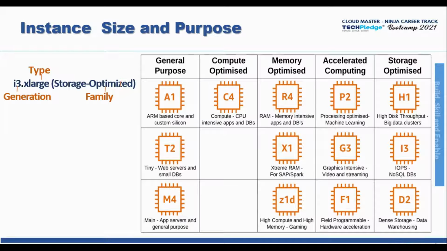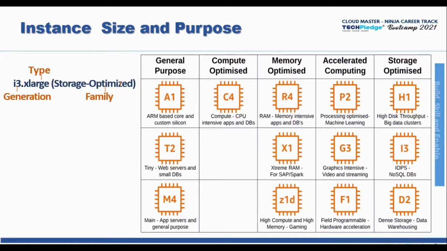If you want fast processing, we go for compute optimized. Then memory optimized is for RAM, memory intensive apps based on databases, and extreme RAM for SAP and Spark. For high compute and high memory for gaming, there is Z1D.